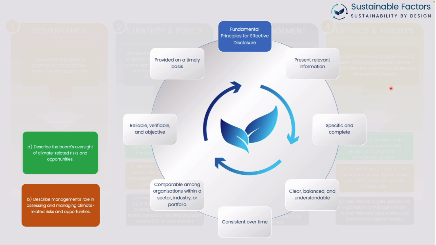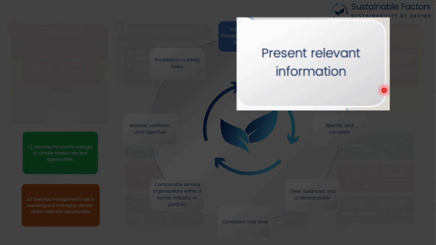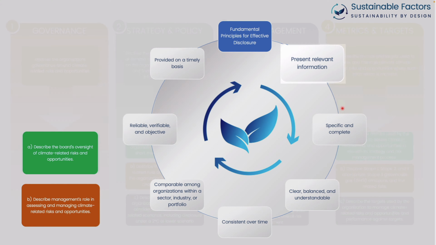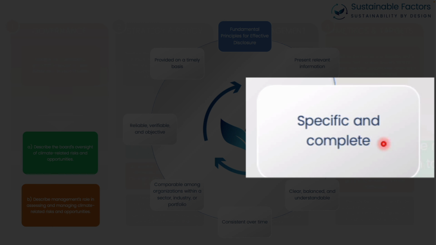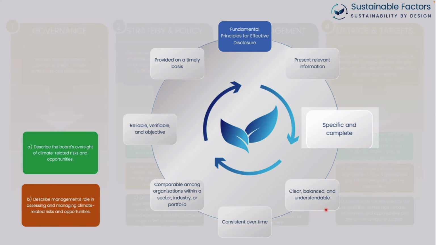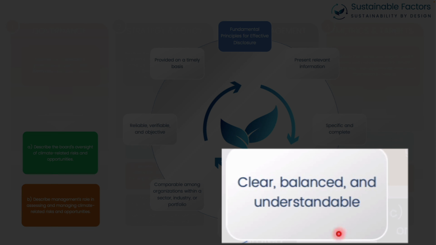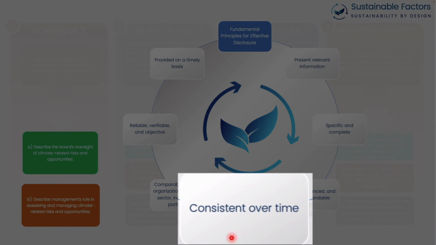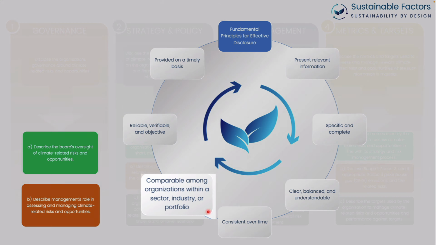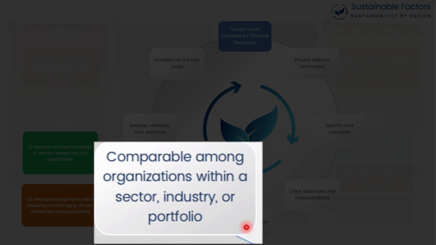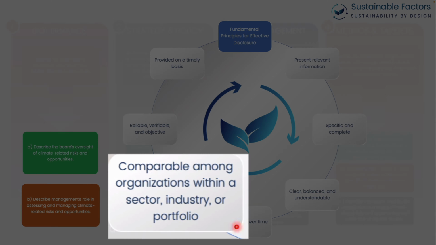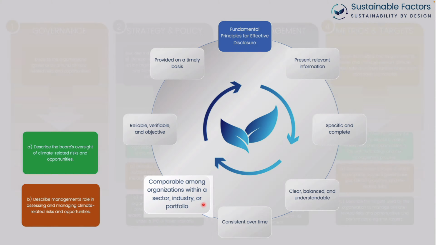However, at a very high level, the guidance is to present relevant information, make sure that information is specific and complete, balanced and understandable, consistent over time, and comparable amongst the organizations within the sector, the industry, or in your portfolio. Ensure that the information is reliable, verifiable, and objective.